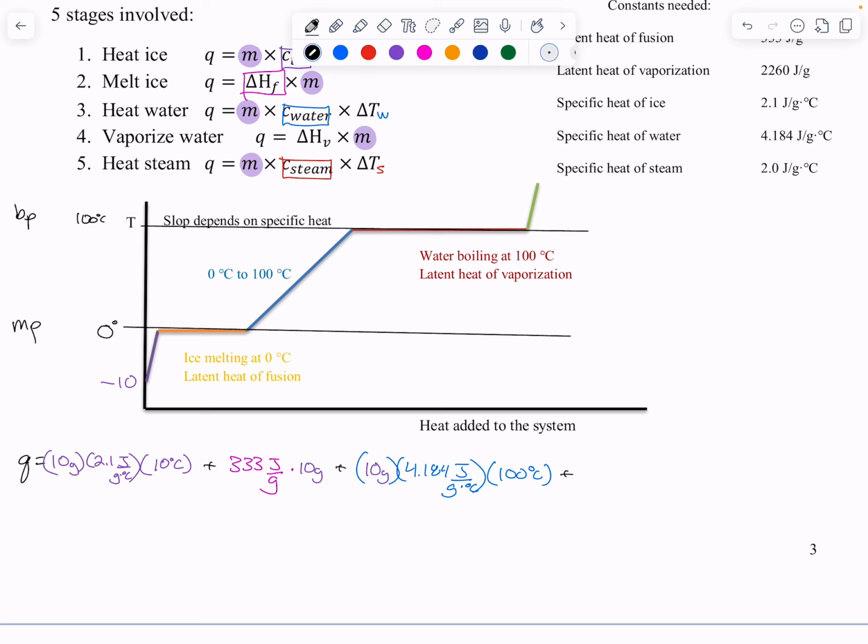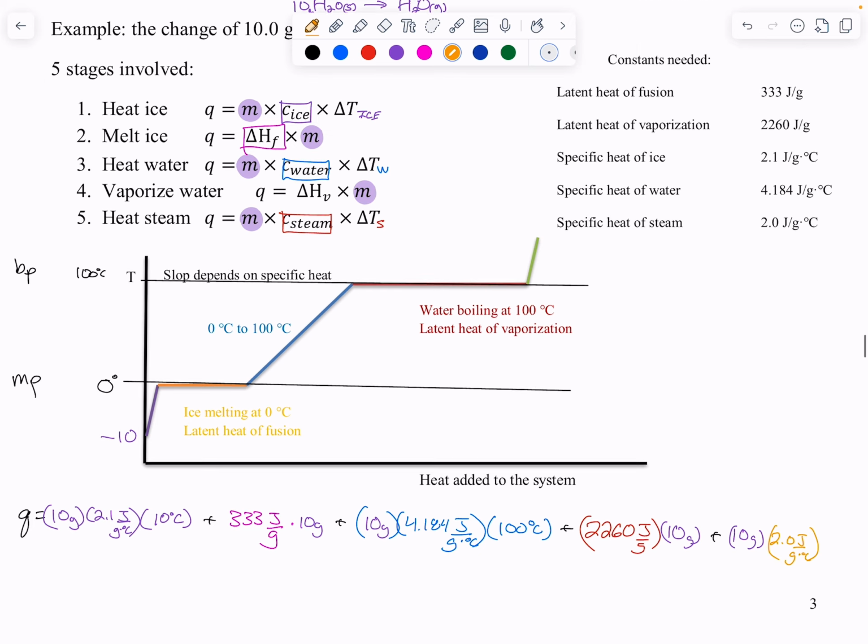And then we got the steam. Delta HV is 2260 joules per gram, and we got 10 grams. And finally, we have 10 grams of steam. Specific heat of steam is 2.0, and we're going to 110, correct? 110, yes.